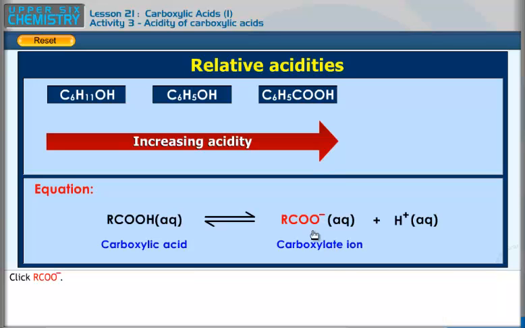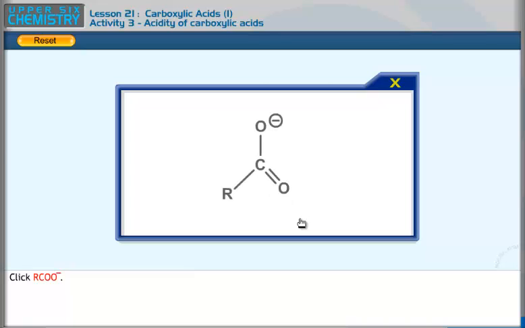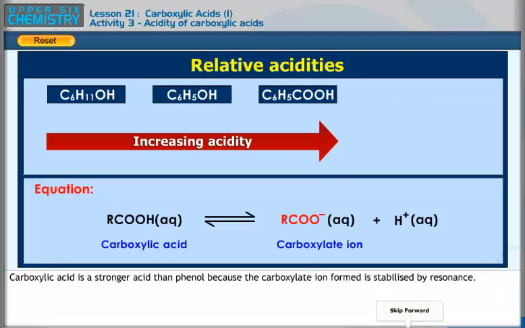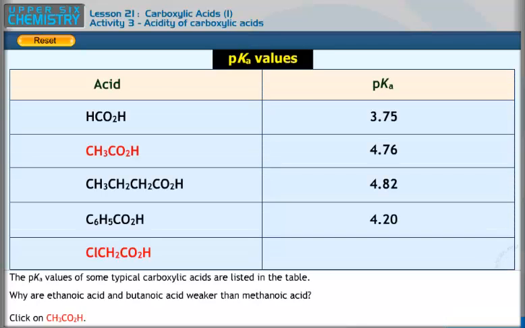Click RCOO-. Carboxylic acid is a stronger acid than phenol because the carboxylate ion formed is stabilized by resonance. The pKa values of some typical carboxylic acids are listed in the table.